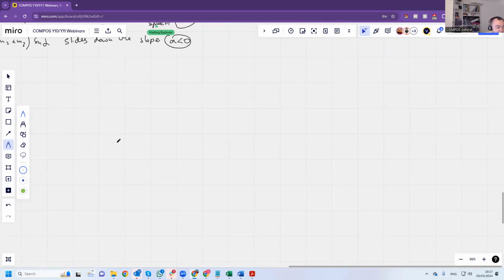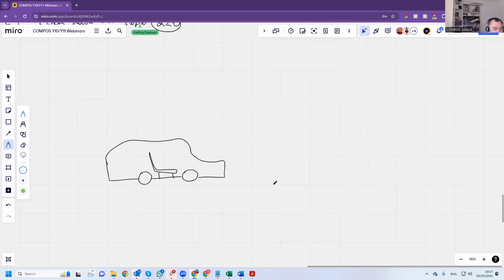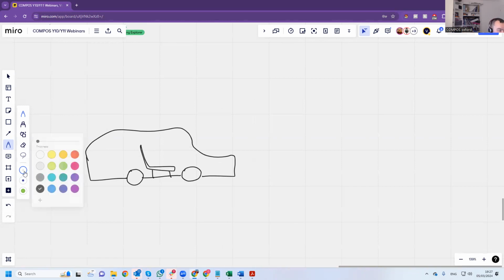So if you think of it, here's a car. Not very good at drawing cars. As you can see, there's the car seat. And if you look at the forces acting on the car, then there is the reaction force from the ground, reaction force in the wheels.